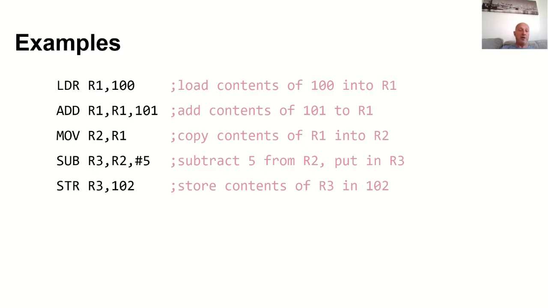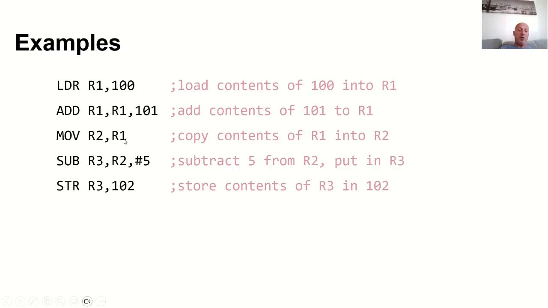This is an example of code, okay? So we're loading in the contents of 100 into register 1. We're adding the value that is in 101 to register 1 and putting the result into register 1. So these two can both be the same, okay?